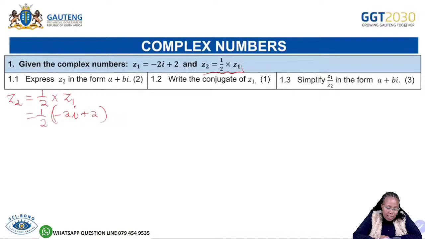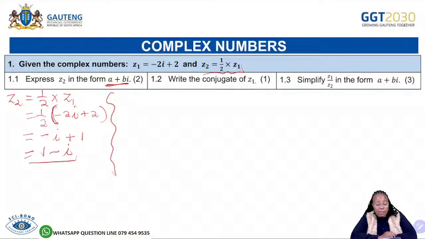I have indicated my multiplication with a bracket. The half of minus 2 is minus 1, then it will be minus i. The half of 2 is 1. But it must be in this format. Start with the real part followed by an imaginary part. That is how you write Z2 now, the real Z2.